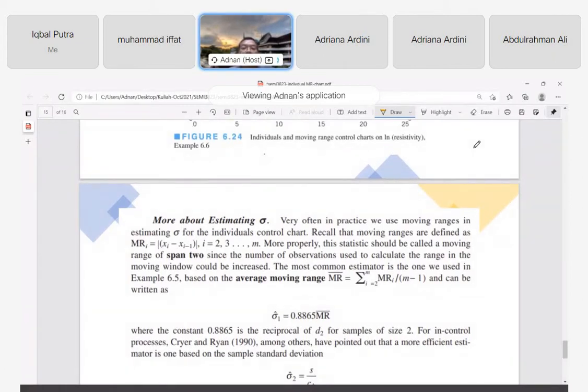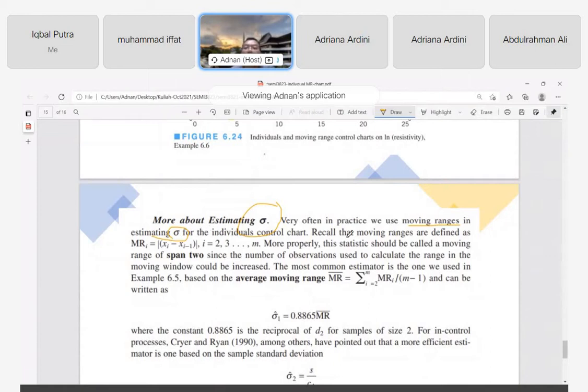When we estimate, that is also another challenge for us: to estimate the value of sigma. In practice, we use the moving range in estimating sigma. Sigma is the dispersion value of the process, or the process standard deviation.